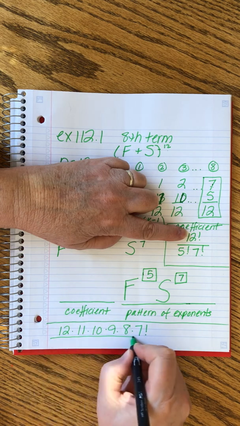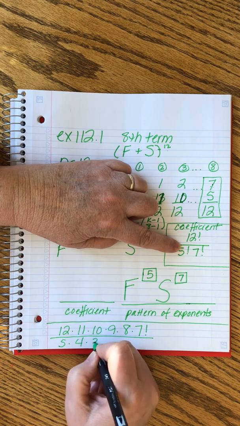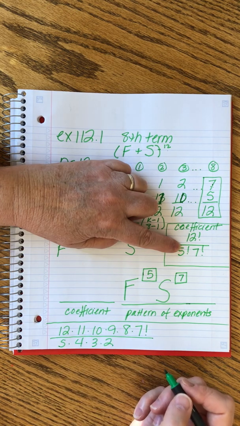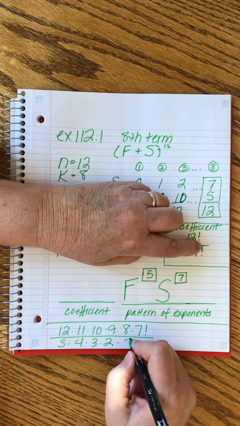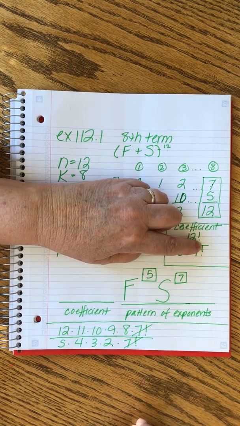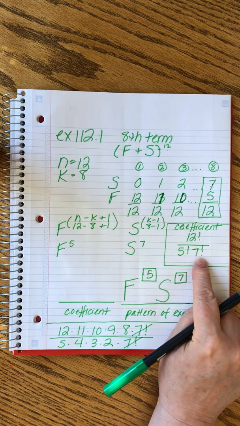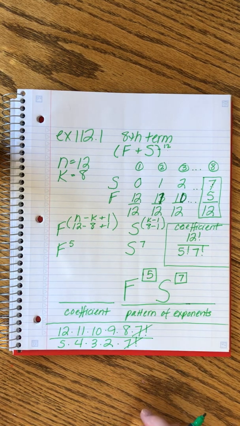Then I'll divide by, and I take the smaller number and write that out, 5 times 4 times 3 times 2. I'm not going to write 1, that's not necessary. Times 7 factorial. Now I can cancel those two against each other. That's why I choose the larger number, because I'd rather cancel as much as possible.